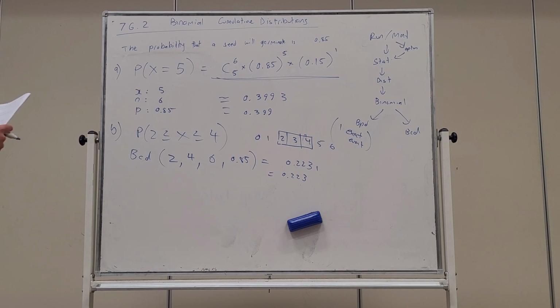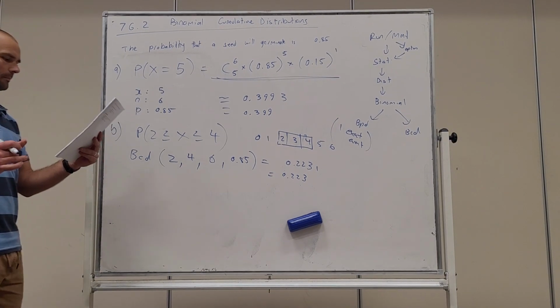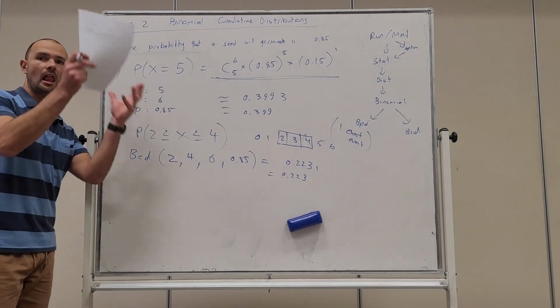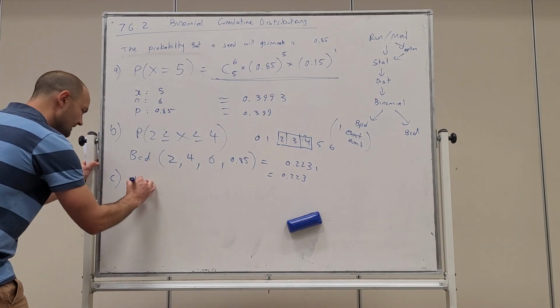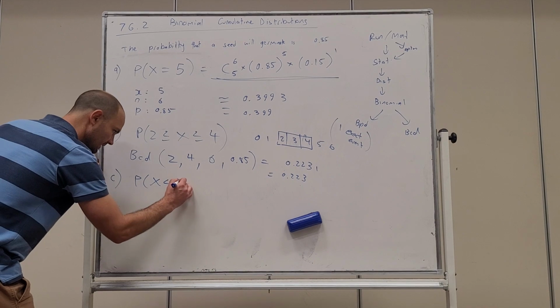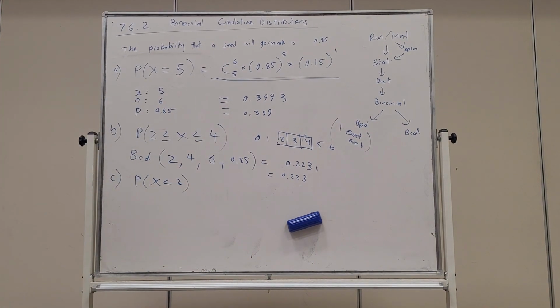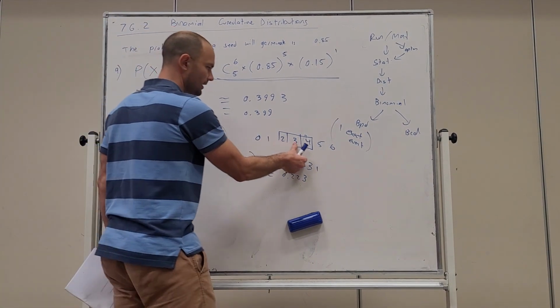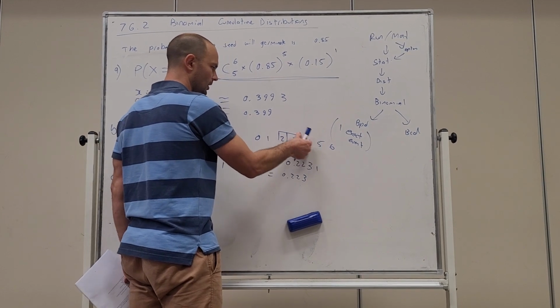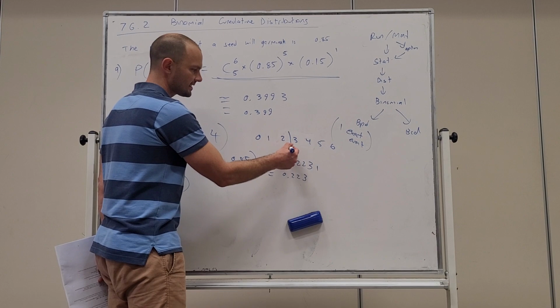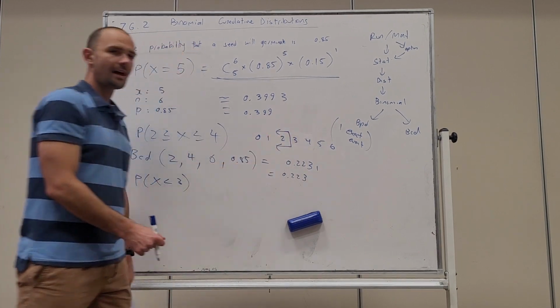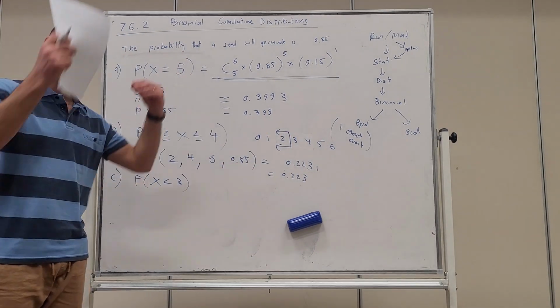Let's move on to C. Find the probability that less than 3 seeds germinate. If it helps, list the outcomes. Less than 3 means values 0, 1, or 2.